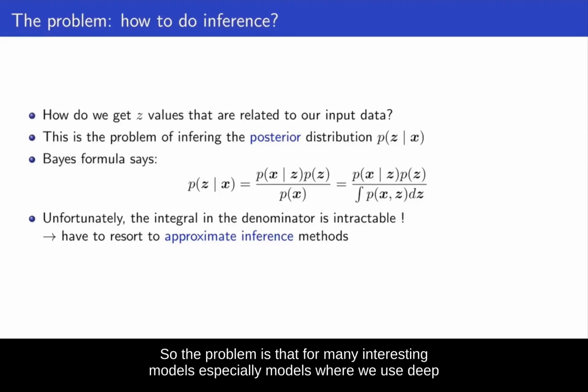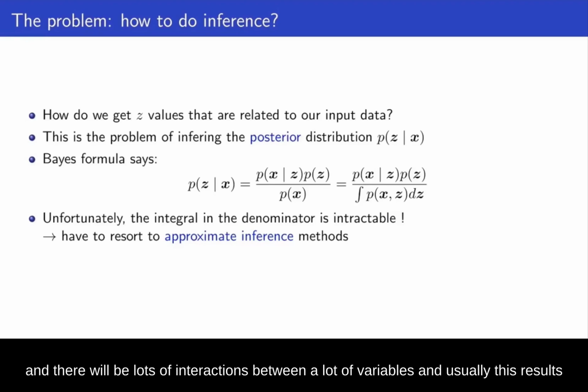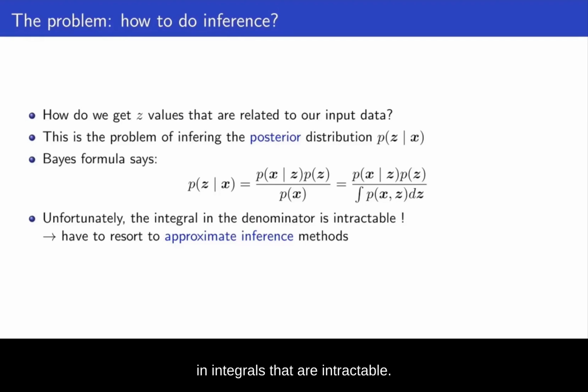The problem is that for many interesting models, especially models where we use deep neural networks as part of our graphical models, this will be very high dimensional, and there will be lots of interactions between a lot of variables, and usually this results in integrals that are intractable.